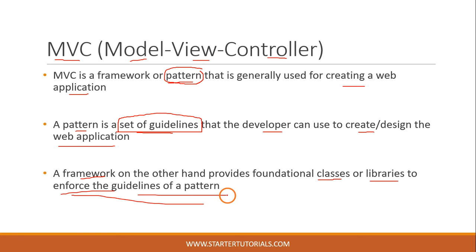One such pattern or framework is called MVC. Whenever we talk about an MVC framework, it means there are some classes or libraries in that framework which will guide the developer to follow the MVC pattern.